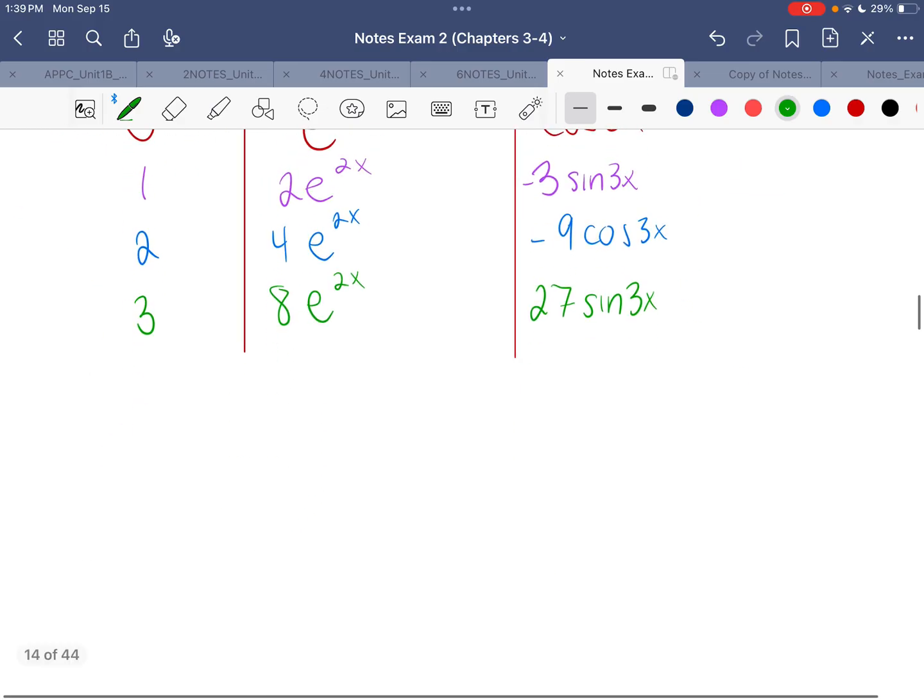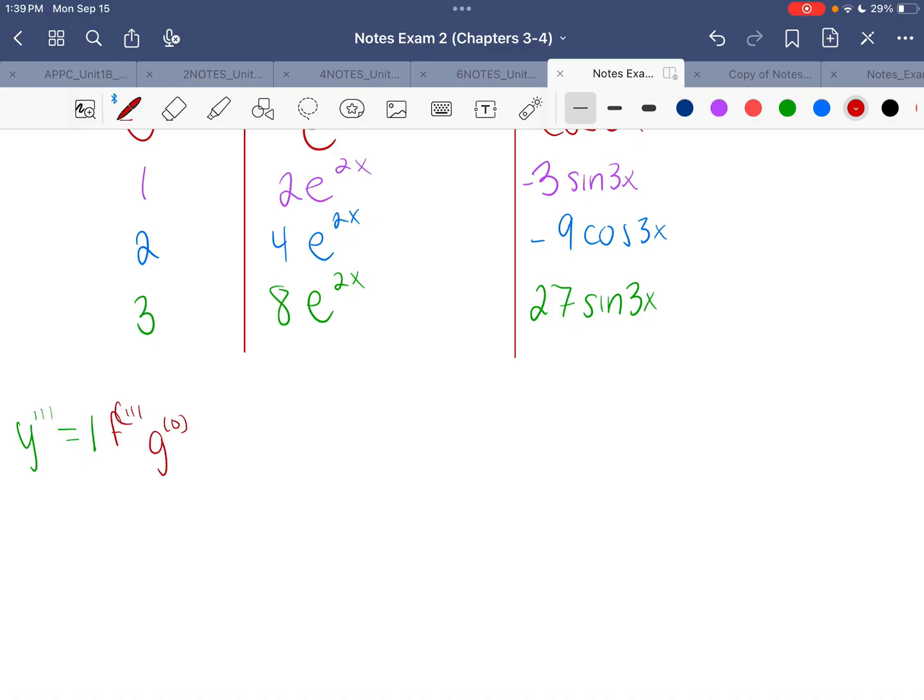Okay, so y triple prime should be equal to 1 f triple prime g no derivative, plus 3 f second derivative g first derivative, plus 3 f first derivative g second derivative, and then 1 f no derivative g third derivative.